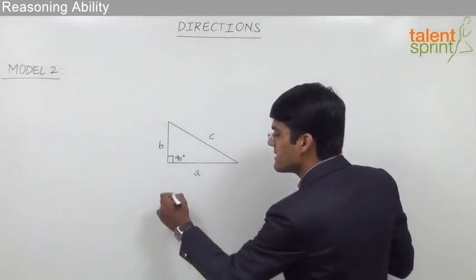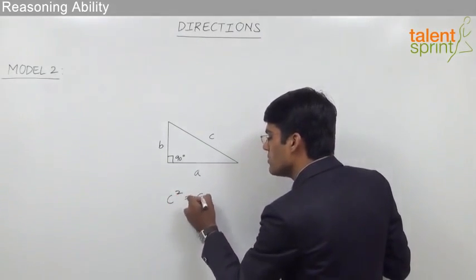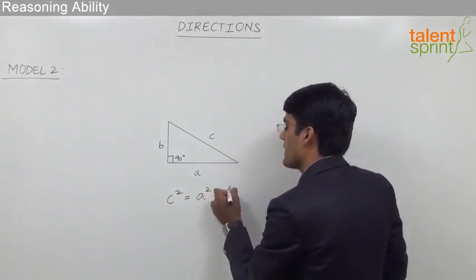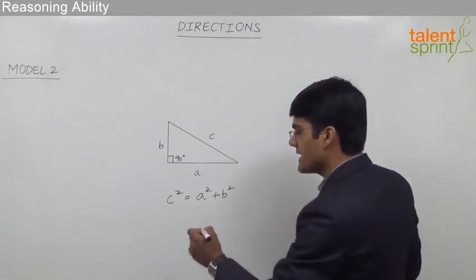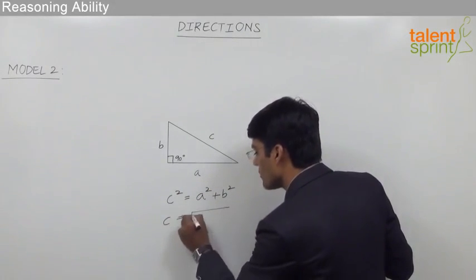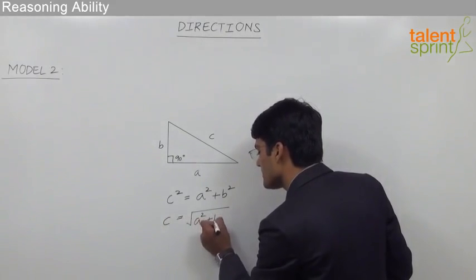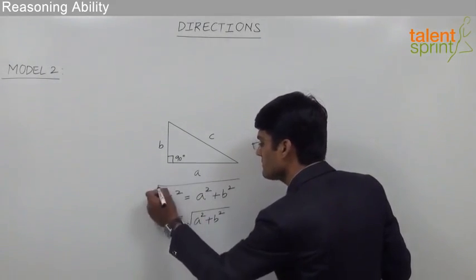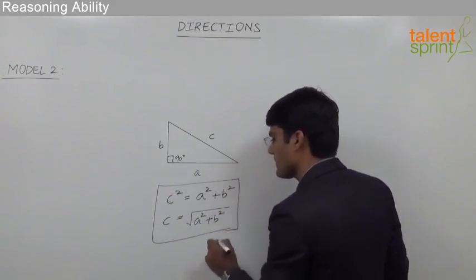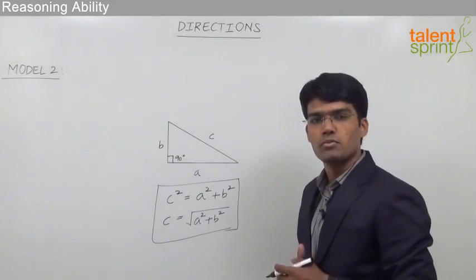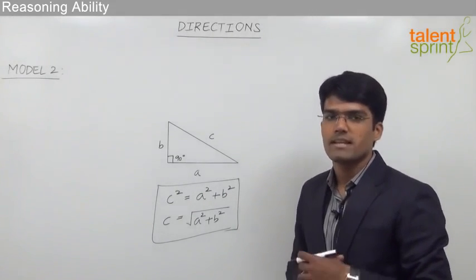That means C squared should be equal to A squared plus B squared. Or we can say that C is equal to root over A squared plus B squared. So this point will be useful in solving certain questions from directions.